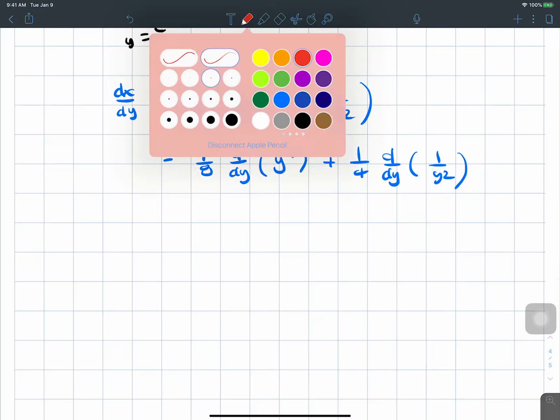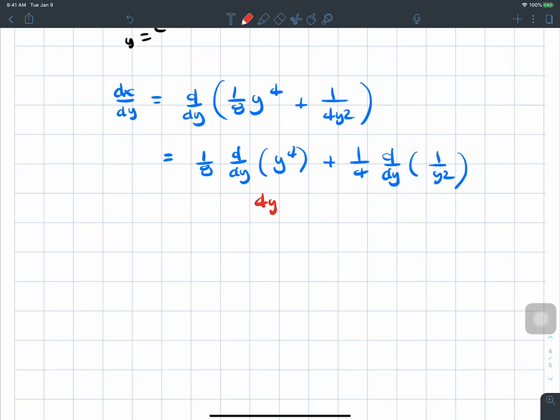So differentiate. This becomes 4y cubed. Well, this is y to the minus 2, which means we have minus 2y to the minus 3 if we differentiate.